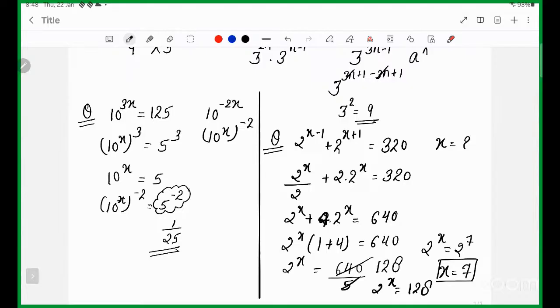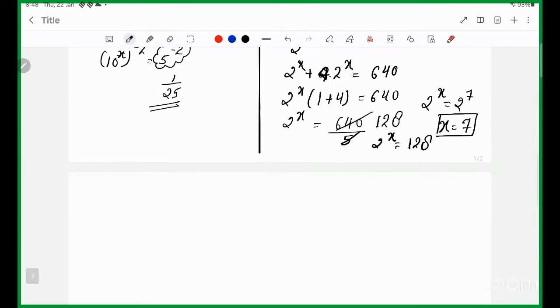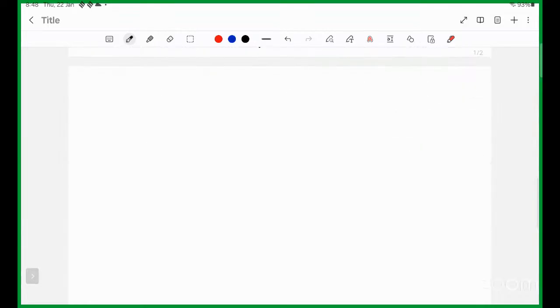You should remember some of the values of powers so that it will help you in solving the questions very easily.